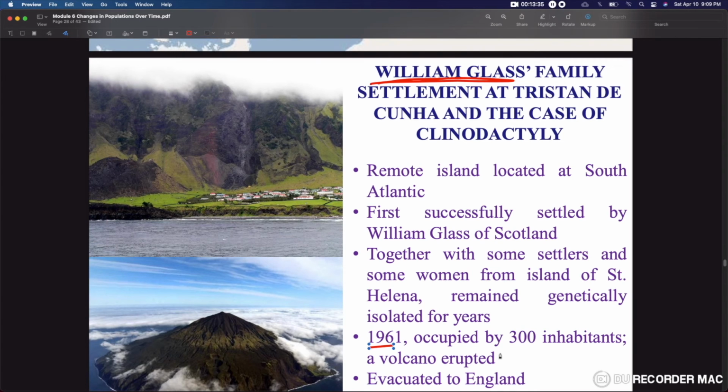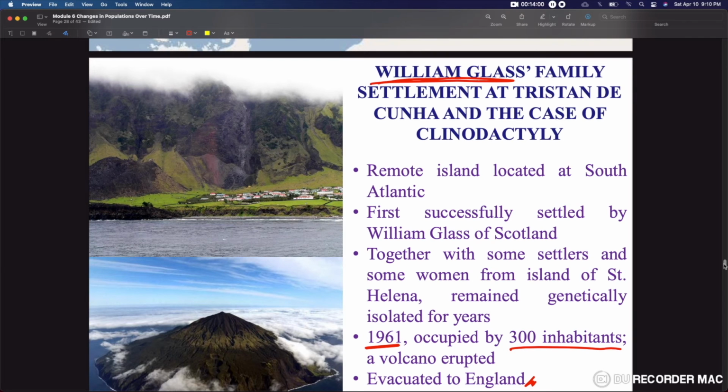during a volcanic eruption, since that island is a volcanic island, when the volcano erupted, the 300 inhabitants had to move because their hometown, their settlements, is going to be destroyed. So they moved to England.